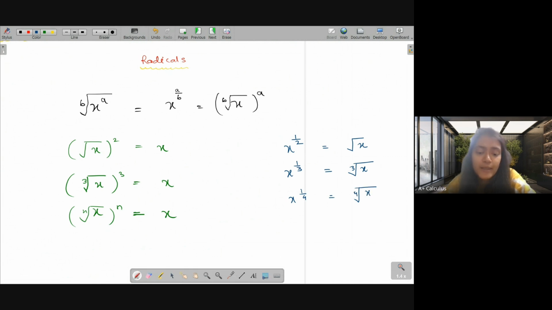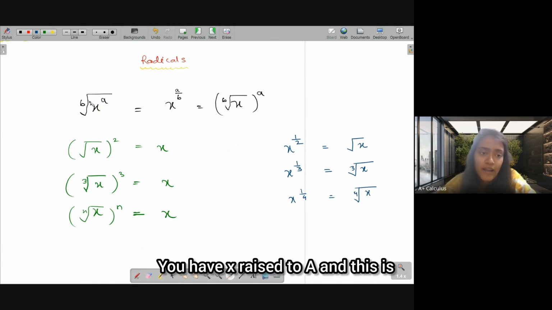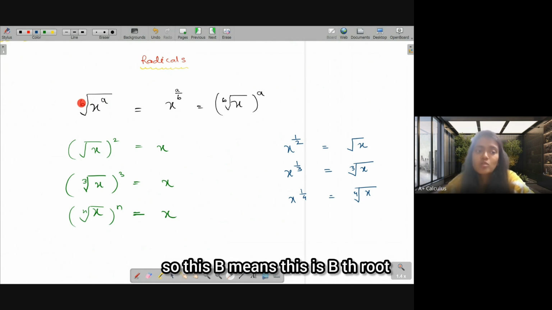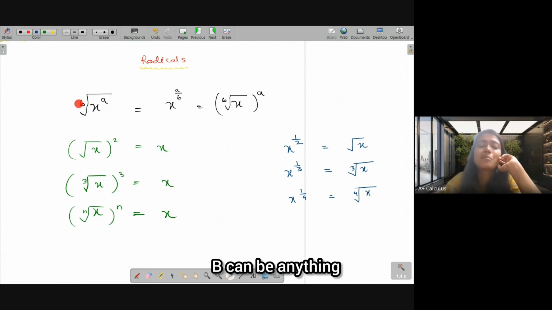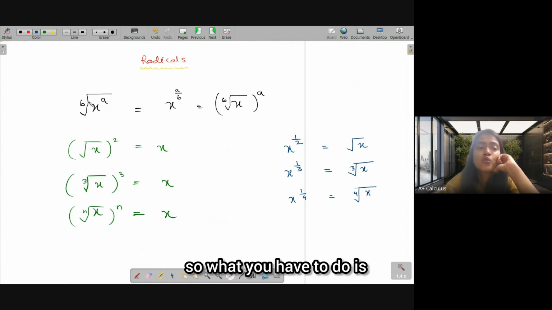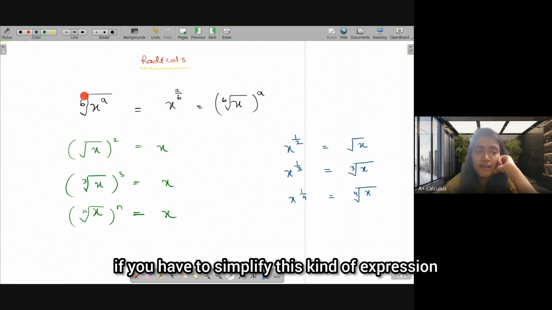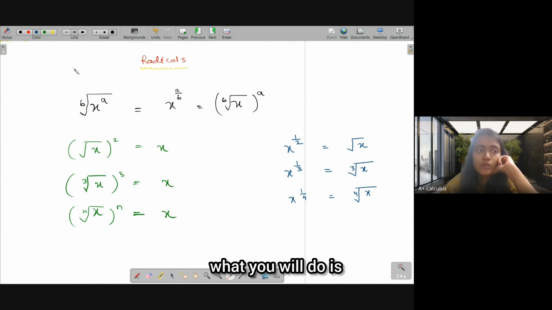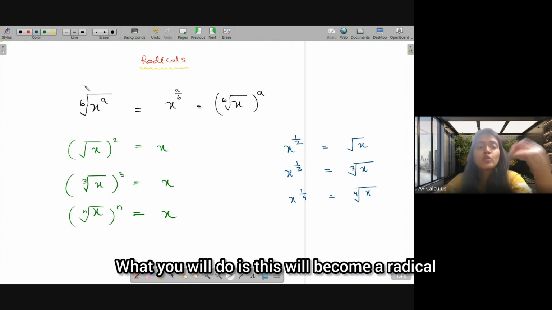So here, if you see, you have x raised to a, and this is inside the bth root. So this b means this is the bth root. b can be anything. If you have to simplify this kind of expression, this will become a radical.